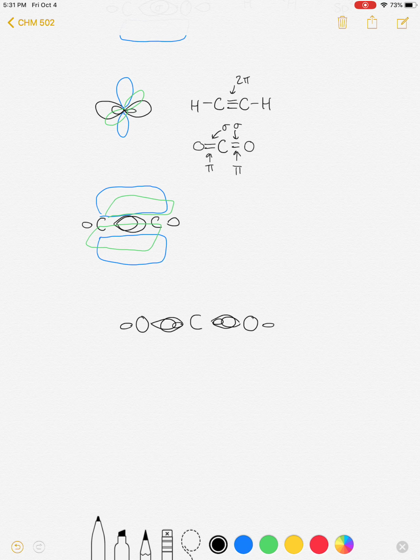So these are two sigma bonds between the carbon and the 2 oxygens. And now the carbon and one of the oxygens has the pi bond in this direction. However, the carbon and the other oxygen has to have the pi bond in the perpendicular direction because it's the remaining p orbital.